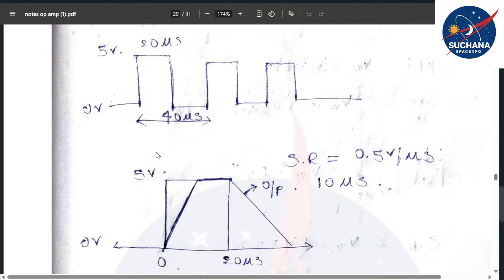If you divide this symmetric wave into two halves, in the first half of the time period, if you draw a line over here symmetrically, you can divide this particular square pulse into two fragments, where the first fragment is 10 microseconds and another one is 10 microseconds, right? Since the slew rate is 0.5 volt per microsecond, it will take 10 microseconds to reach 5 volt.